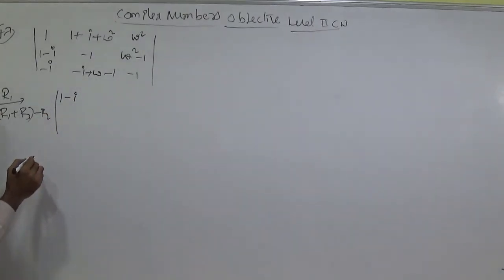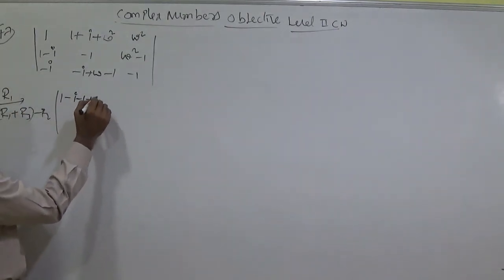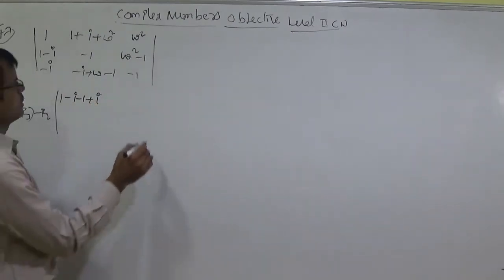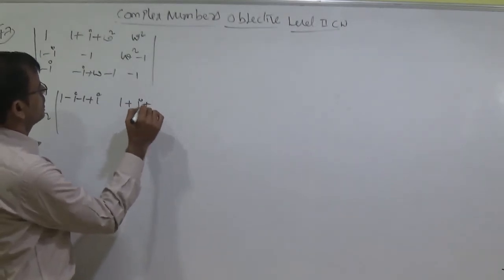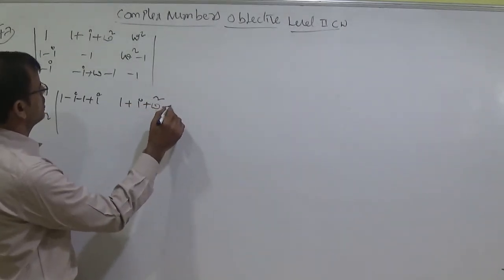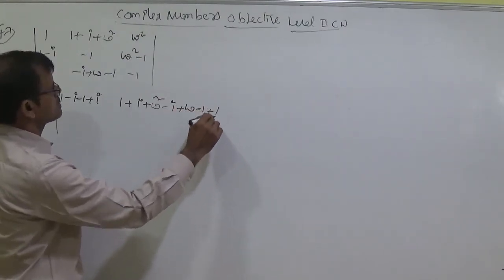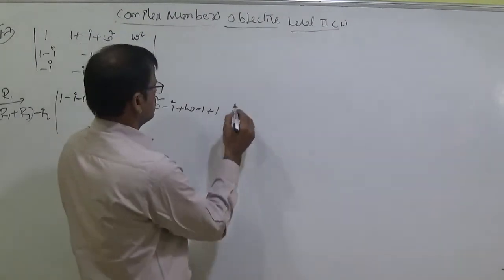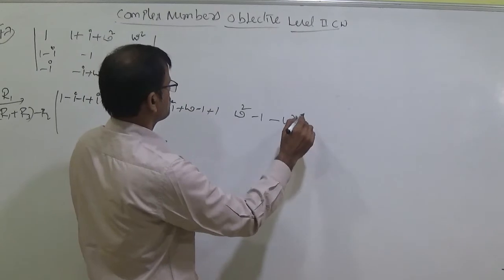R1 changes to R1 plus R2: 1 minus i, minus 1 plus i becomes 0. In the next column, 1 plus i plus omega square minus i plus omega minus 1 minus of minus plus 1. And in the last, omega square minus 1 minus omega square plus 1.